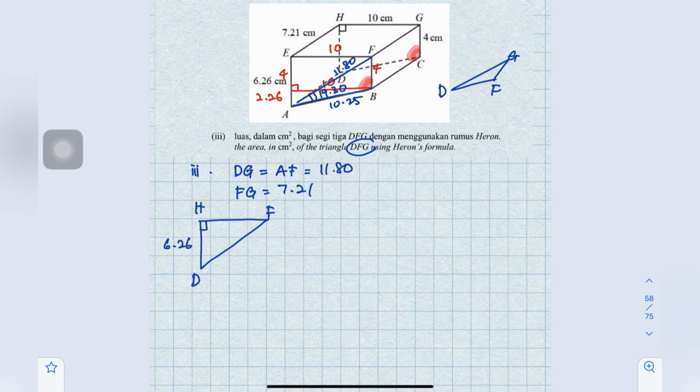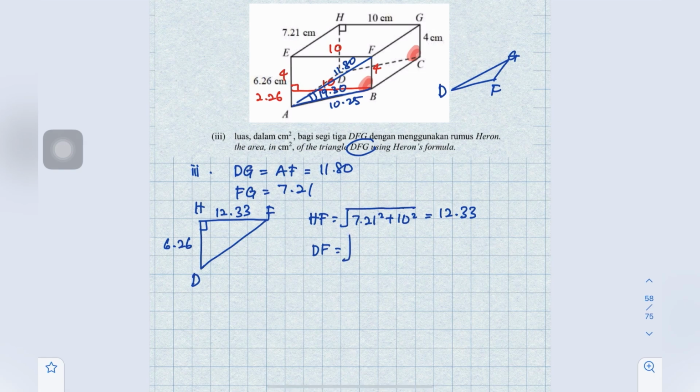So nak cari HF, HF is square root 7.21 squared plus 10 squared. So kita akan dapat 12.33. Okay, so dah dapat 12.33.